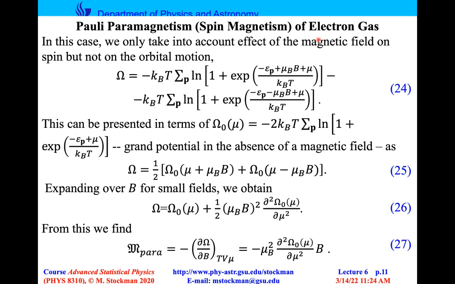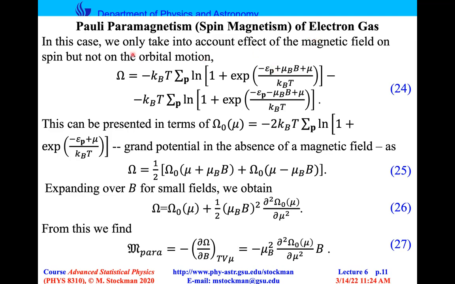So most of the spins tend to orient along the magnetic field rather than in the opposite direction, and therefore the overall magnetic response is positive, directed along the magnetic field, and this is called paramagnetic response, which we expect from the electron gas.